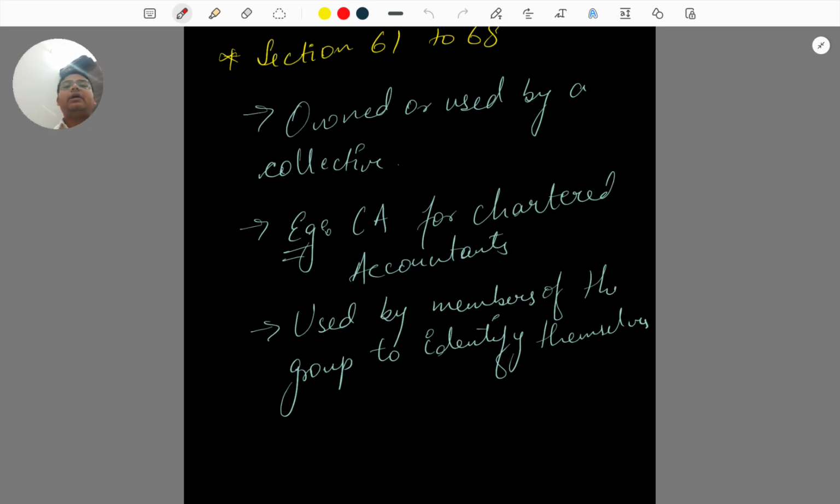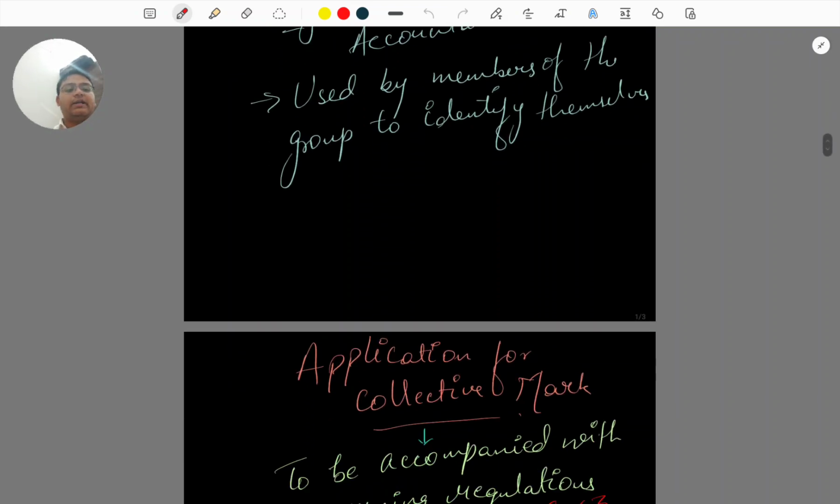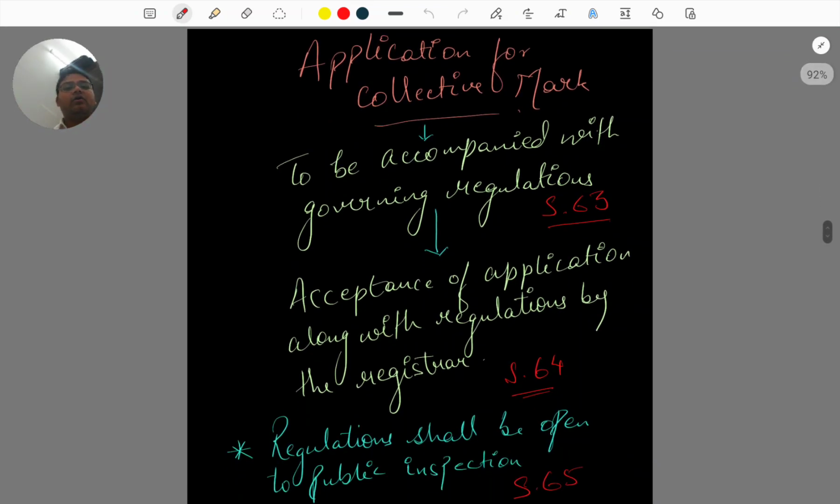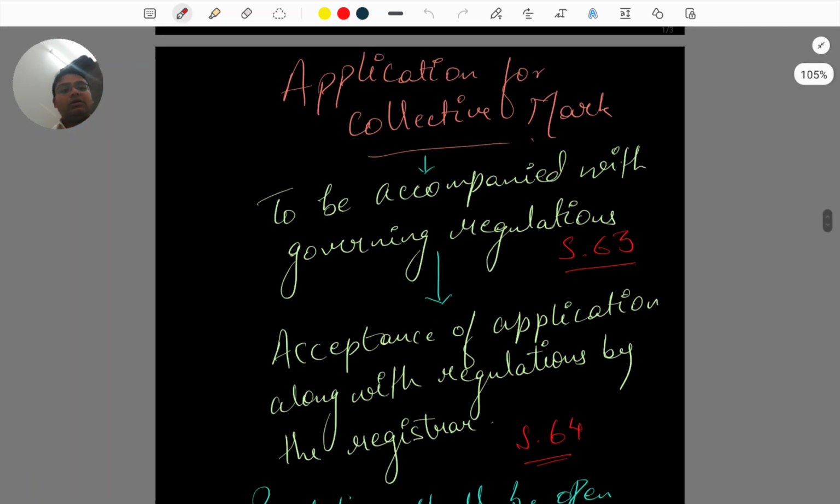When we apply for a collective mark, we need to understand that the application is slightly different, not much different, from the normal application for a trademark. The application part starts from Section 63.